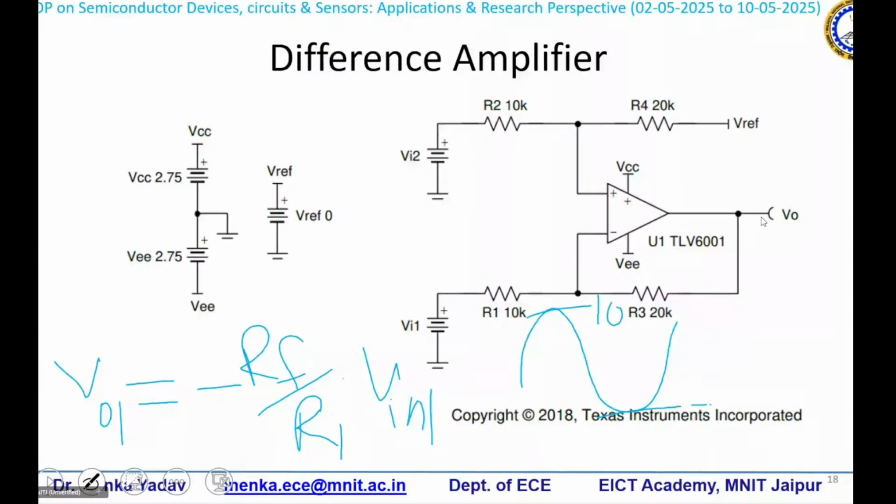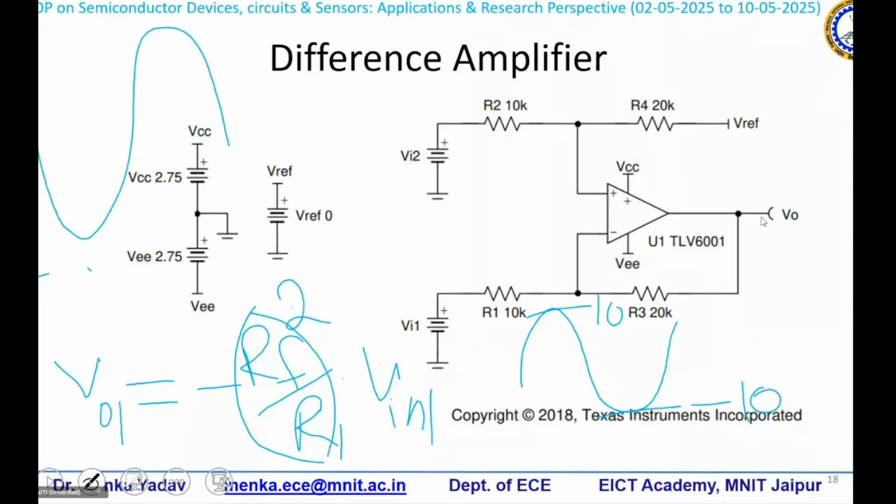Now let's say your RF is twice R1. So what should your output be? According to this, it should go from minus 20 volt to plus 20 volt.